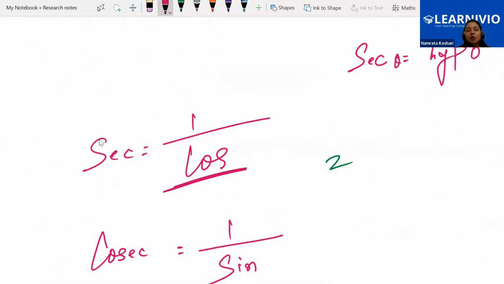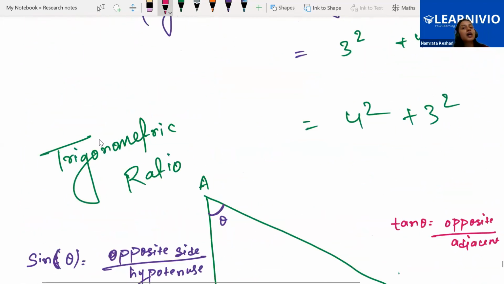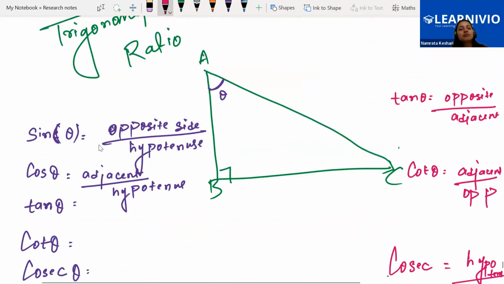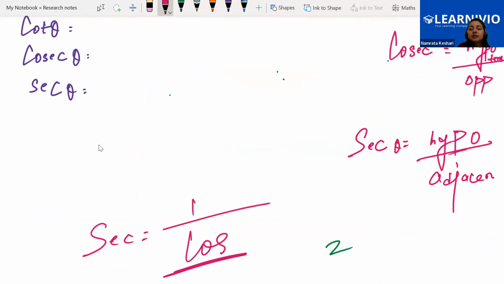So the formula for cos is adjacent over hypotenuse. Hence, the formula for sec will be just the reciprocal of that: hypotenuse over adjacent. So these are the 6 different ratios we are having.